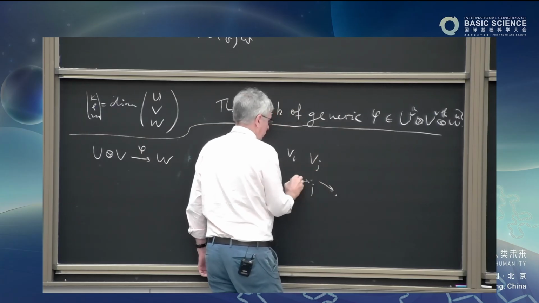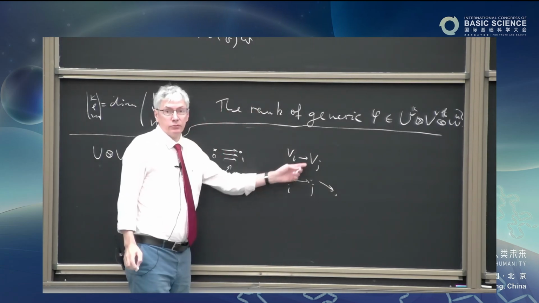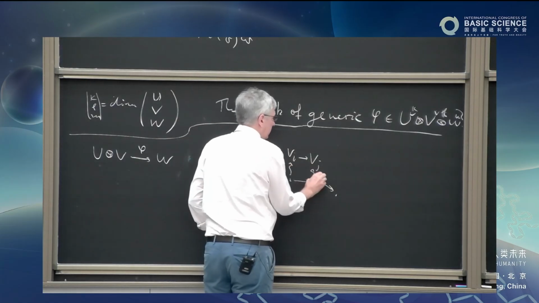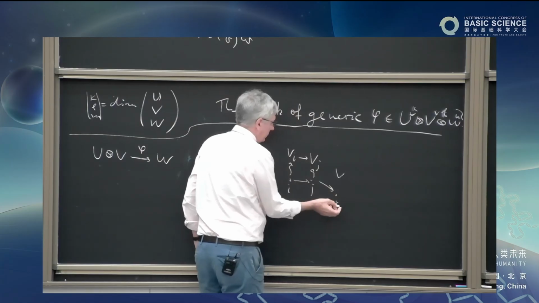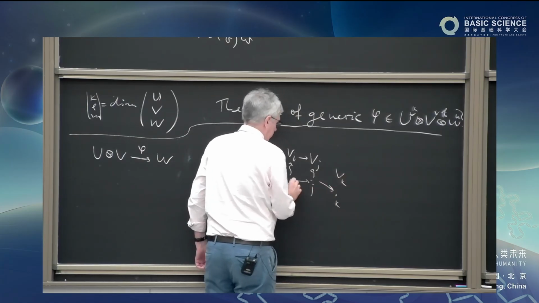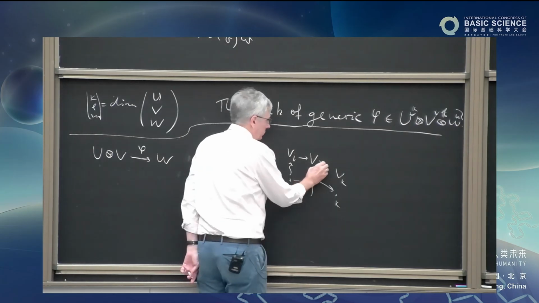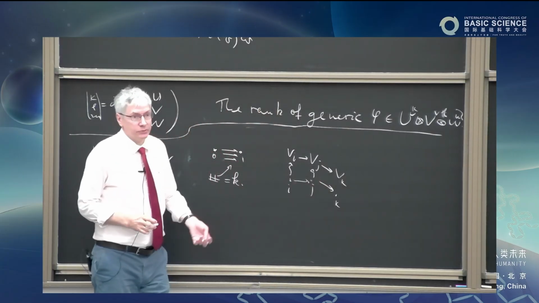And to every arrow, you assign some linear map from Vi to Vj. So this is a representation, just one representation. And if you have some relations, for instance, say assume the composition of these two arrows is 0, it's some relation in the quiver, then you should have the corresponding relation between the corresponding linear operators in this representation.